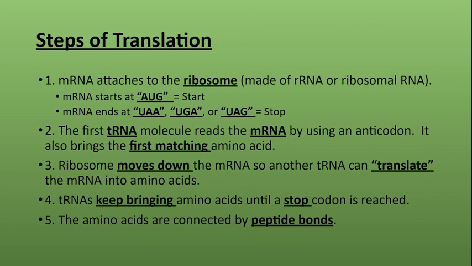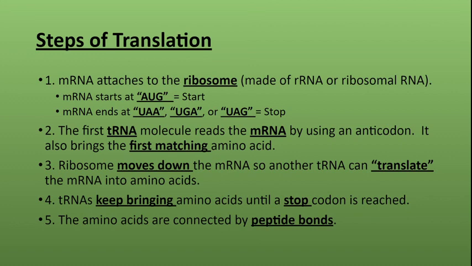So let's talk about translation steps. mRNA attaches to the ribosome, which is made of rRNA, or ribosomal RNA. The mRNA starts at AUG. This is our start codon. So if you see the AUG, you know that is where your translation begins.